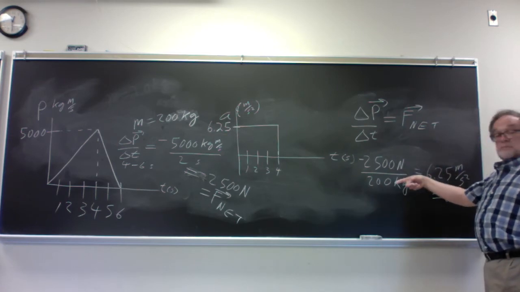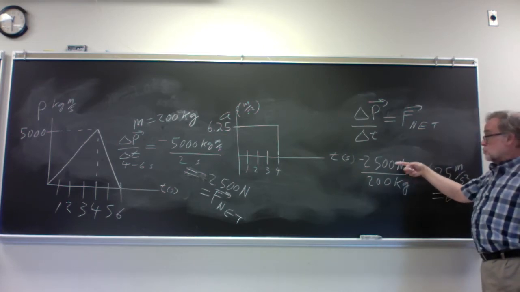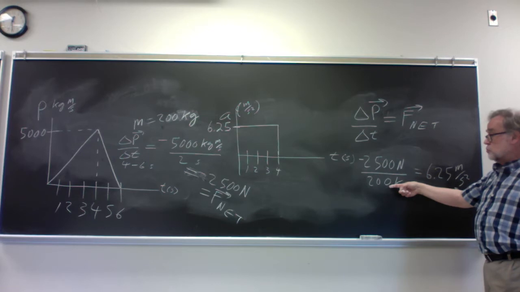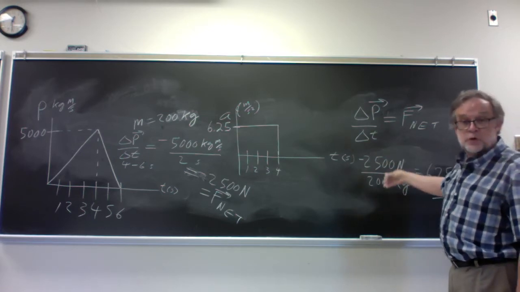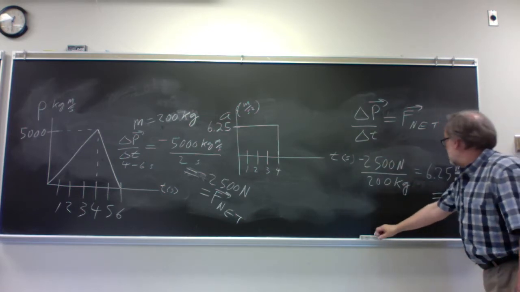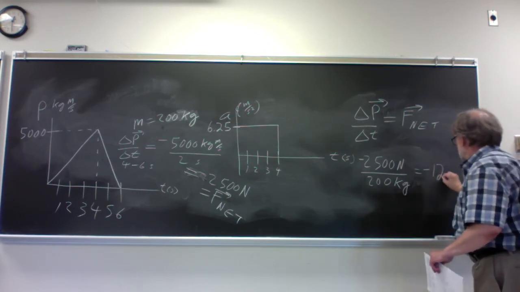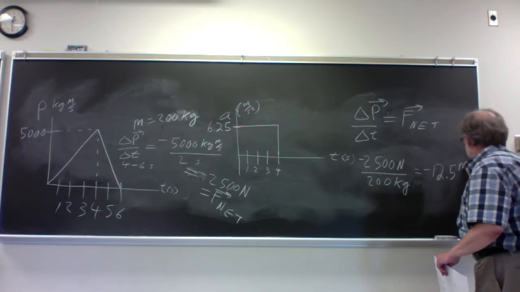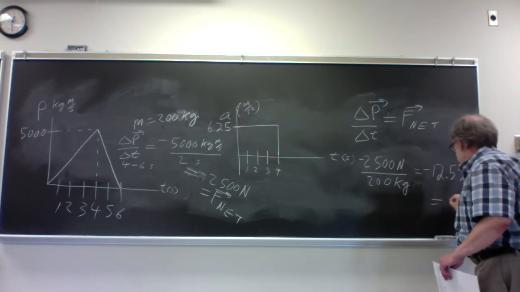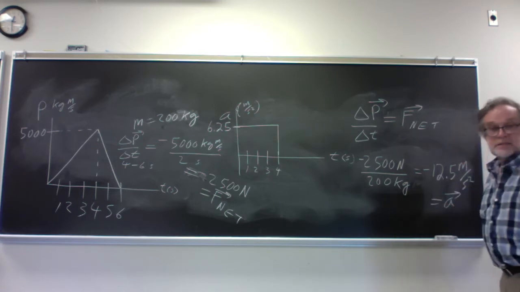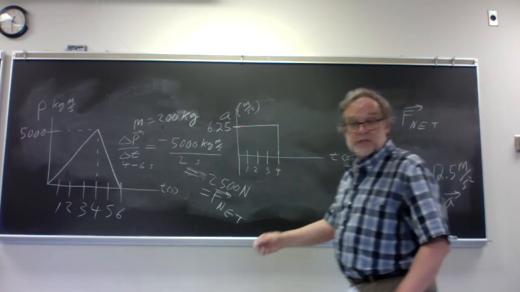So dividing that by 200, 2,500 divided by 200 is the same as negative 25 over 2, or negative 12.5 meters per second squared. That's the acceleration from 4 to 6 seconds.